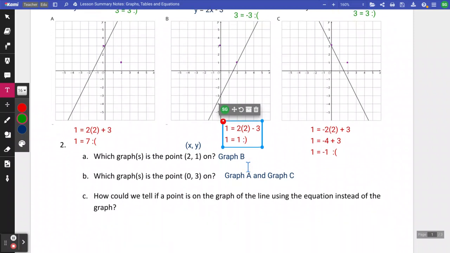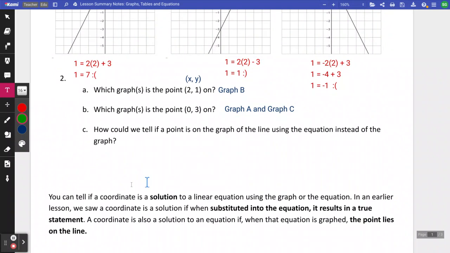So to summarize what we're seeing here, you can tell if a coordinate is a solution to a linear equation using the graph or an equation. So it's going back to our conversation about solutions. In an earlier lesson, we saw that a coordinate is a solution if, when substituted into the equation, it results in a true statement. That's the math we're doing right here.